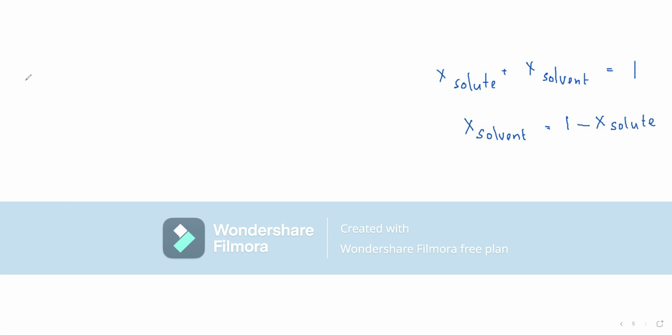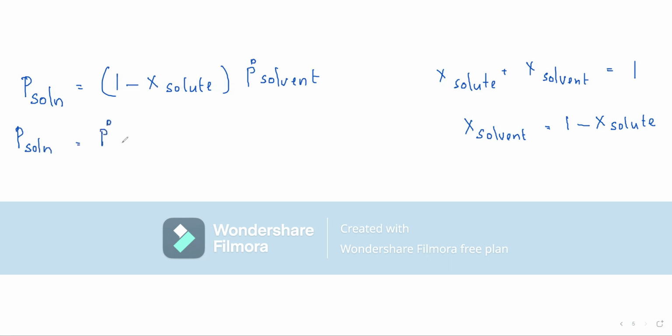Coming back to the first relation, P of solution is equal to 1 minus X of solute into P naught of the solvent. Open the bracket now. So P of solution is equal to P naught of solvent minus X of solute into P naught of solvent. I just opened the bracket. That's all.